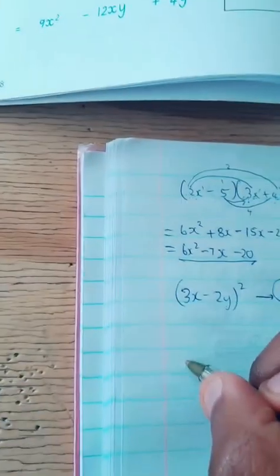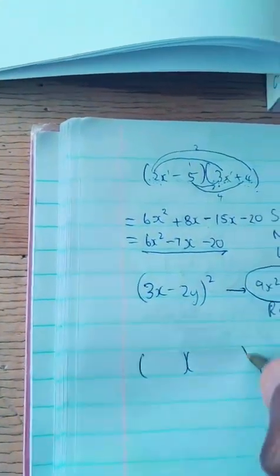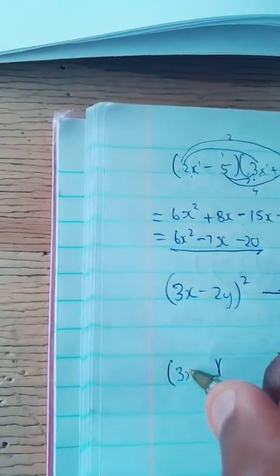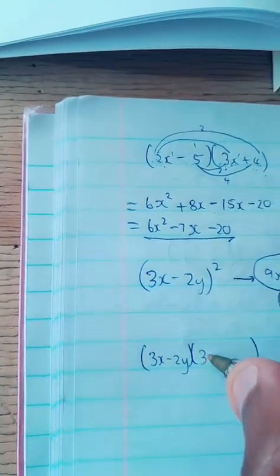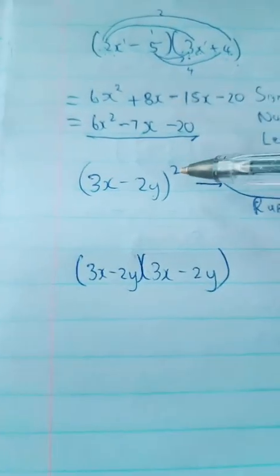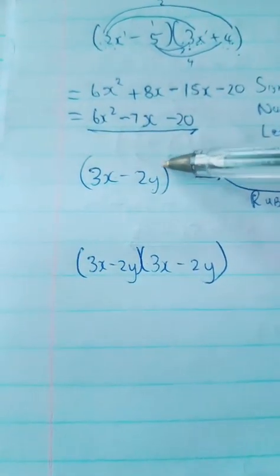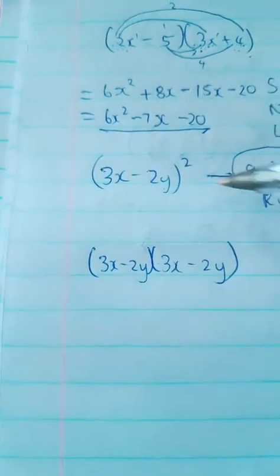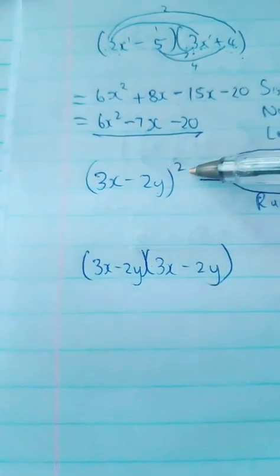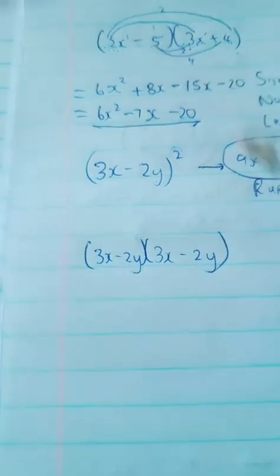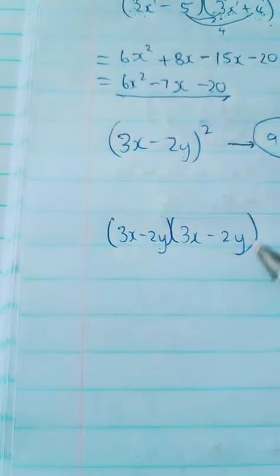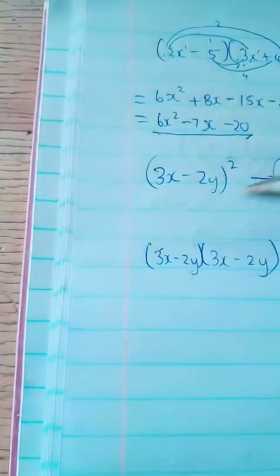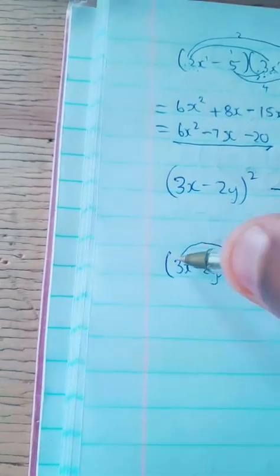So basically what we should have done is 3x minus 2y into 3x minus 2y. We open the number of brackets that the exponent tells us. If there was 3 here, we would open 3 brackets. Since there is 2 here, we open 2 brackets. Then what do you see here? The multiplication of these 2 things means we apply what we call FOIL.